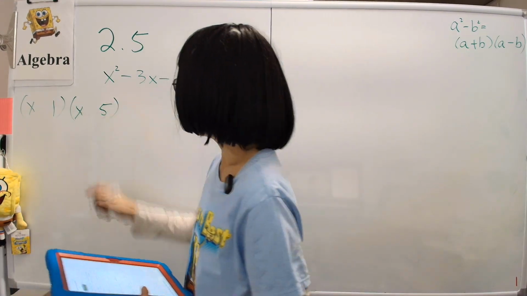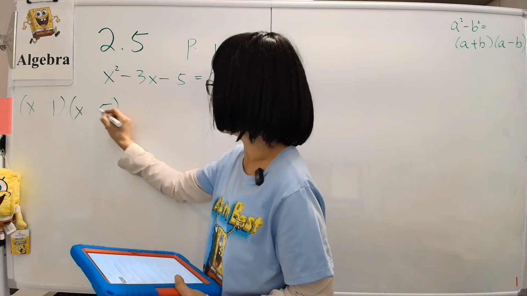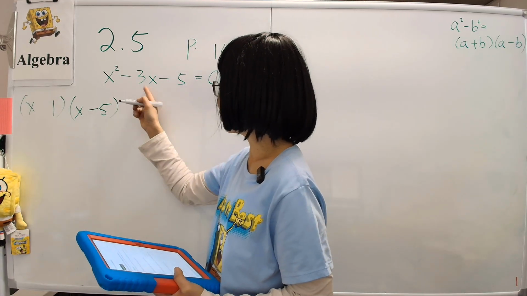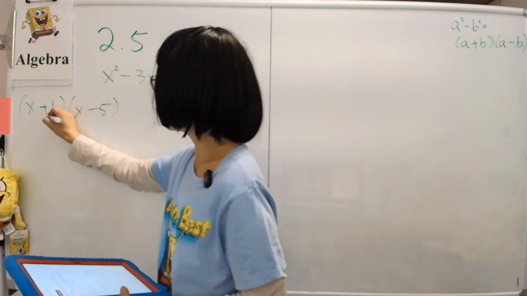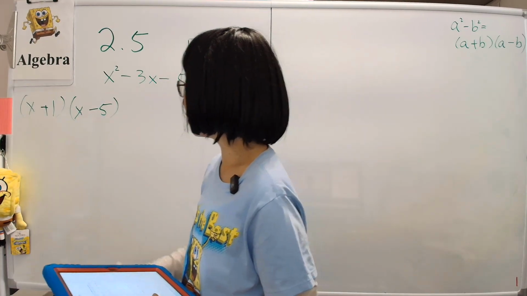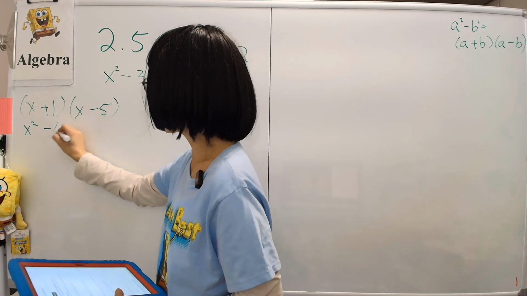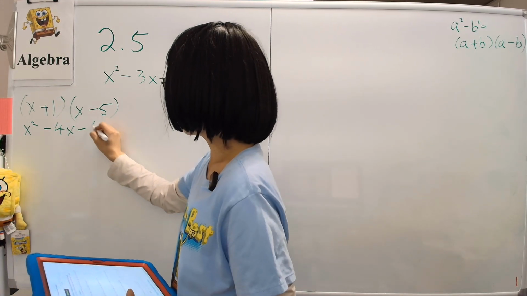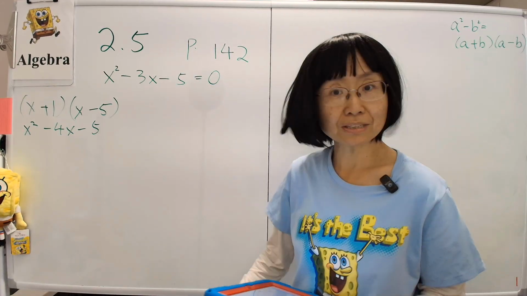And no matter what, one of them has to be negative. So the 5 better be negative because you have a negative 3 in the middle. So this one has to be positive, and the most you're going to get out of it is x squared minus 4x plus minus 5. You're not going to get the negative 3x. There's no way to do it that way.